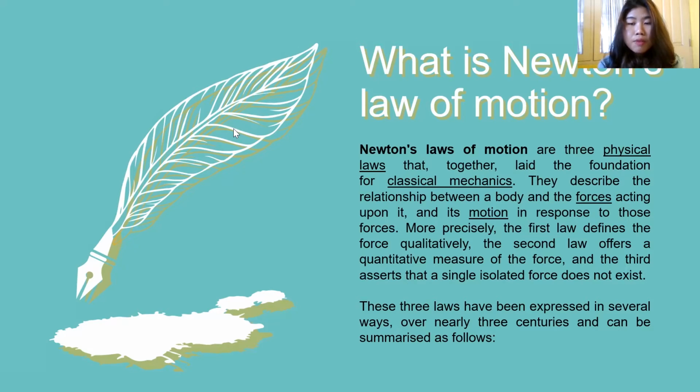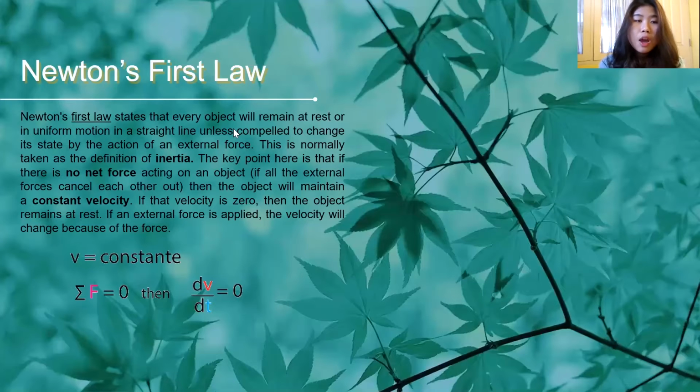The second law offers a quantitative measure of the force, and the third asserts that a single isolated force doesn't exist. These three laws have been expressed in several ways over nearly three centuries and can be summarized as follows.